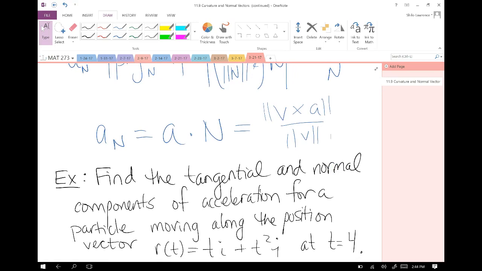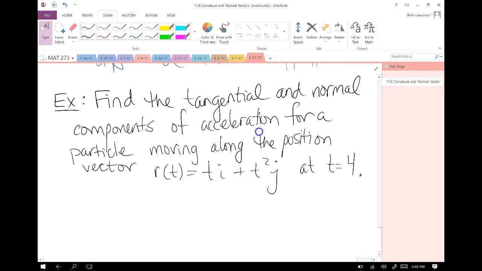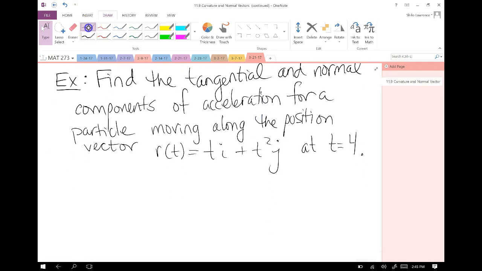And then we don't have to go into second derivative with the unit tangent vector, because sometimes that can get nasty. So I guess it all depends on the vector that you start with. Sometimes you can get some pretty crazy quotient rules and chain rules going on here. Because remember, we don't want to plug in t equals 4 until we're done taking derivatives.